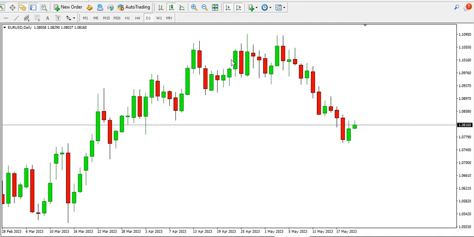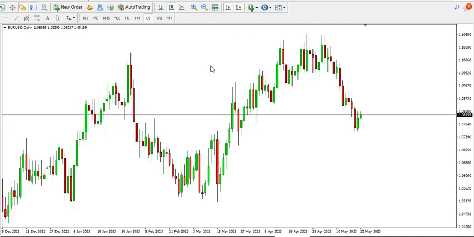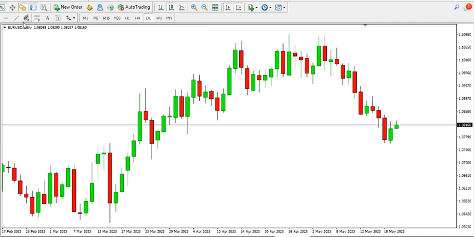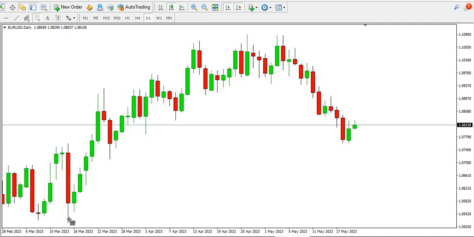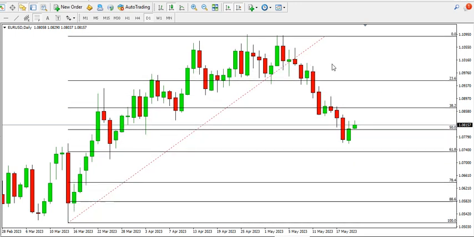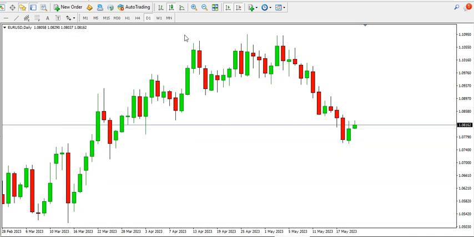Might short the price of GBPUSD. Looking at EURUSD on the daily time frame, the price of EURUSD has retraced toward the Fibonacci level. It has retraced past the 50% Fibonacci level. And looking at the chart, the descending trend line is still respected.